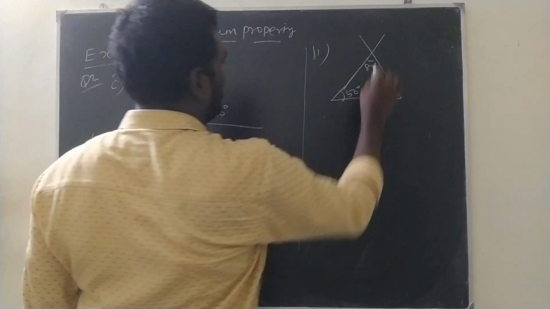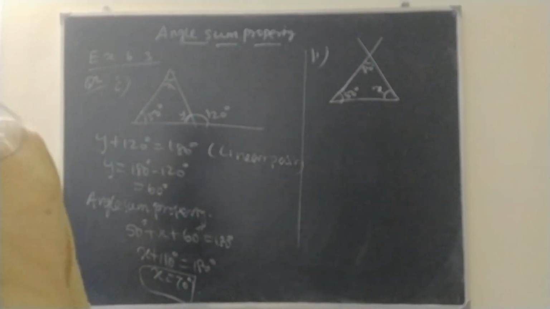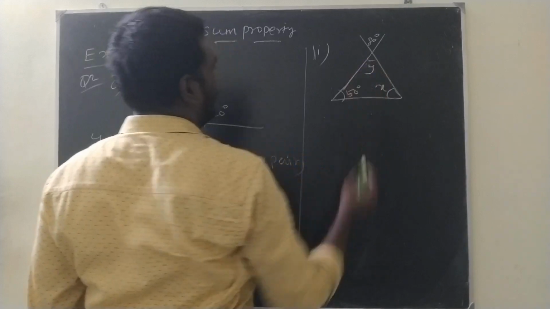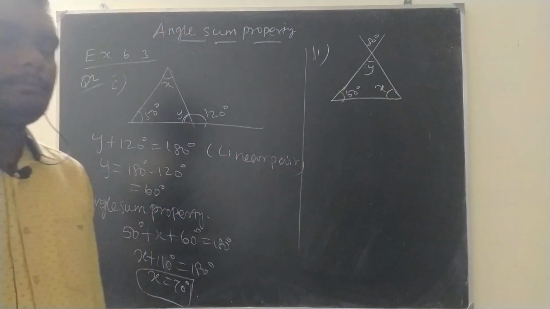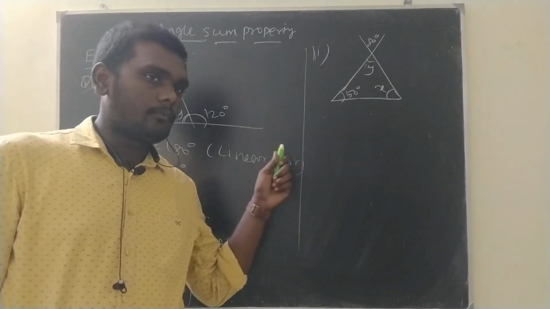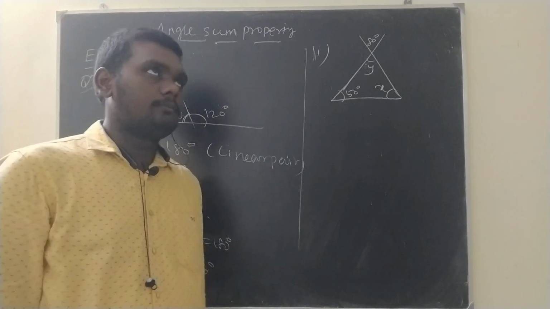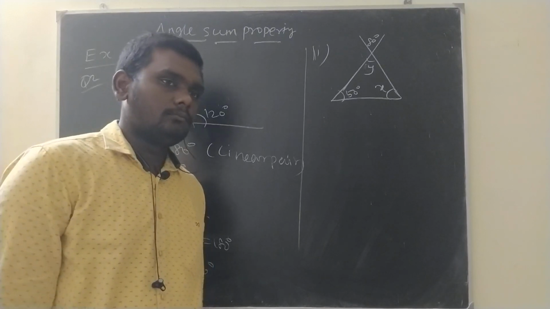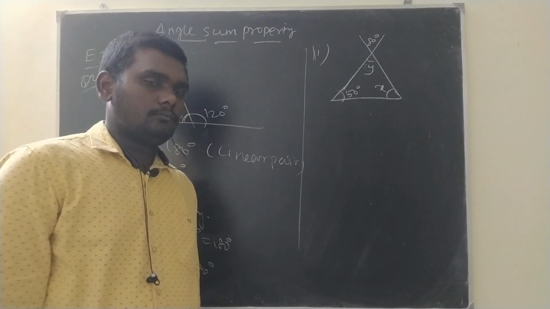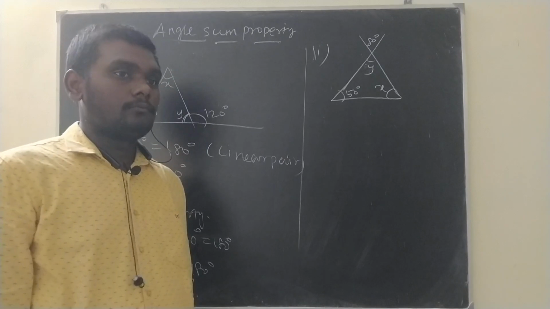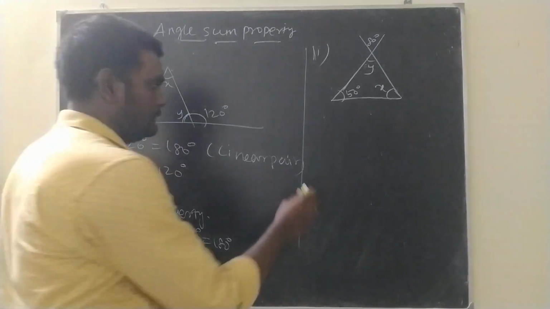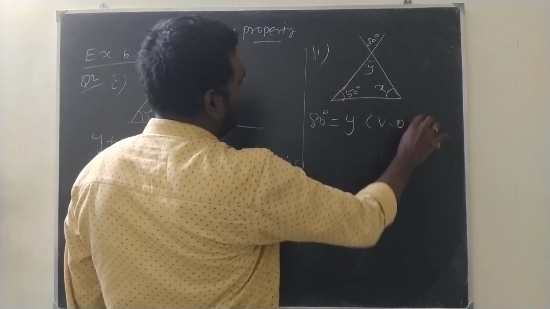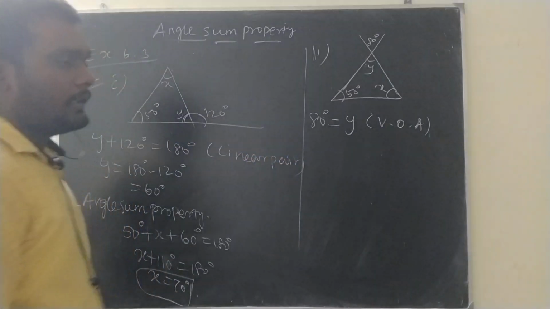x, here 80 degrees, upside 80 degrees, here y. What property can we use here? Yes, 80 degrees is equal to y, because they are vertically opposite angles.